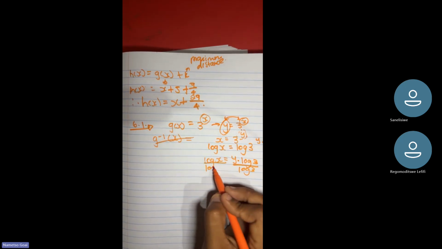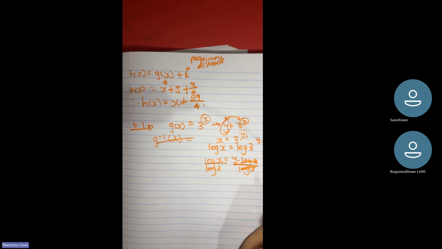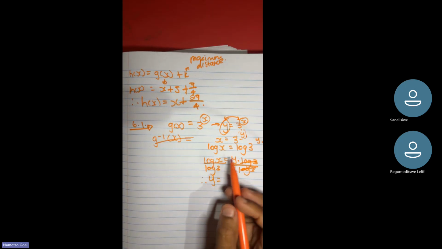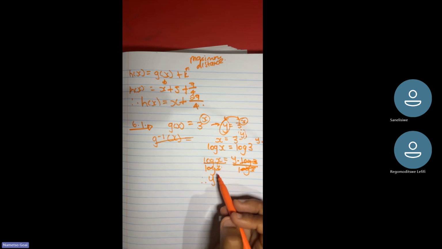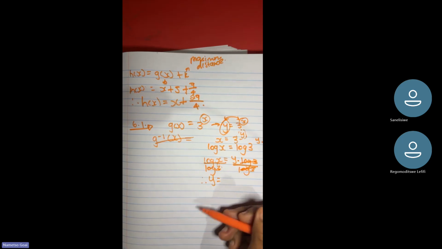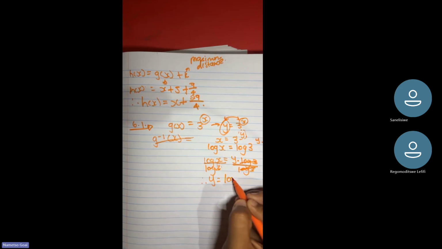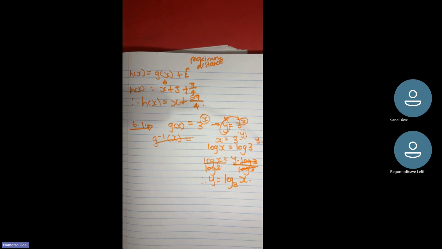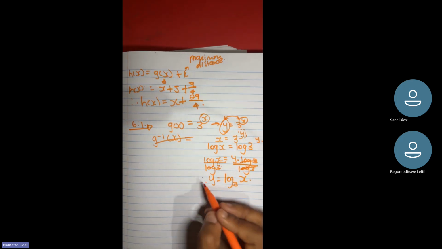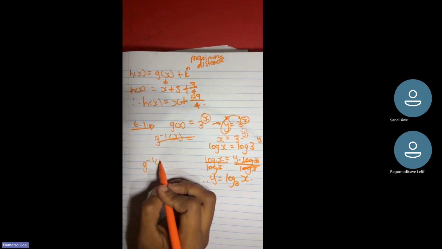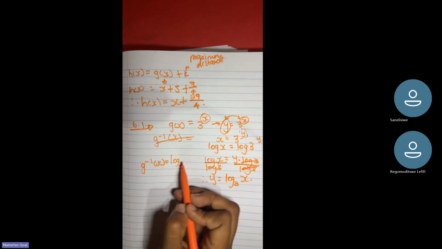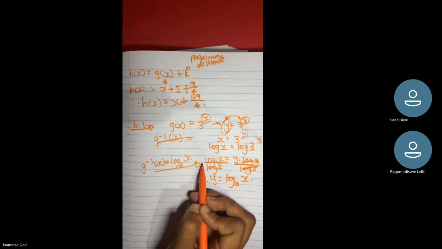Therefore, our y will be equal to, remember, if you have this 3 in the base, it will have to be your base as well. So you're going to have log base 3 of x as your inverse. So g inverse of x will just be log base 3 of x, right?